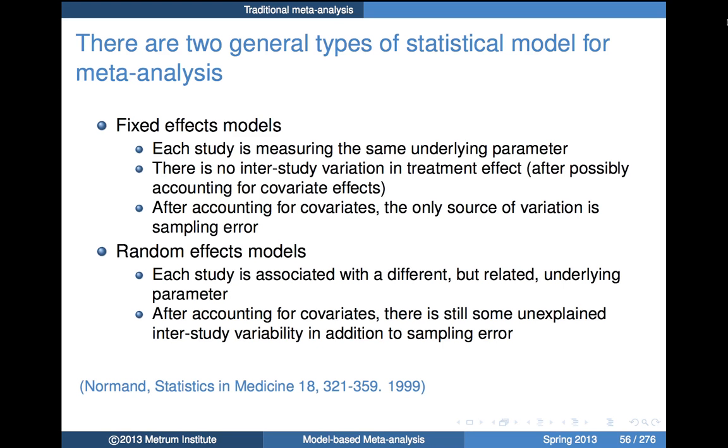And you could imagine that if we have included covariates in the model in this random effect model, if we still need to have the random effects, that's simply telling us that there's some additional unexplained between study variability in addition to the sampling error.